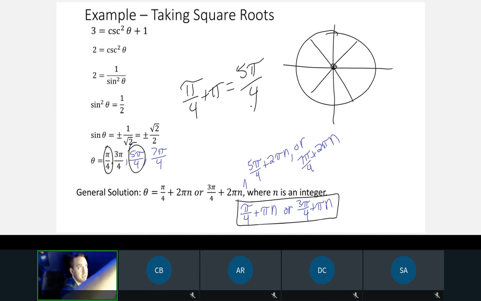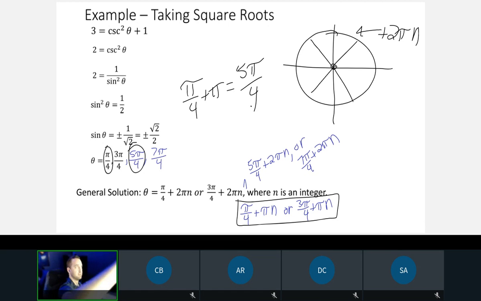Taking that angle and adding 2 pi times n creates your coterminal angle. So we have an infinite number of possibilities. You have that angle plus 1 rotation, plus another rotation, plus another rotation, and up to infinity. So that's where that plus 2 pi n comes into play. By listing all 4 answers with plus 2 pi n, we're covering all the infinite options.